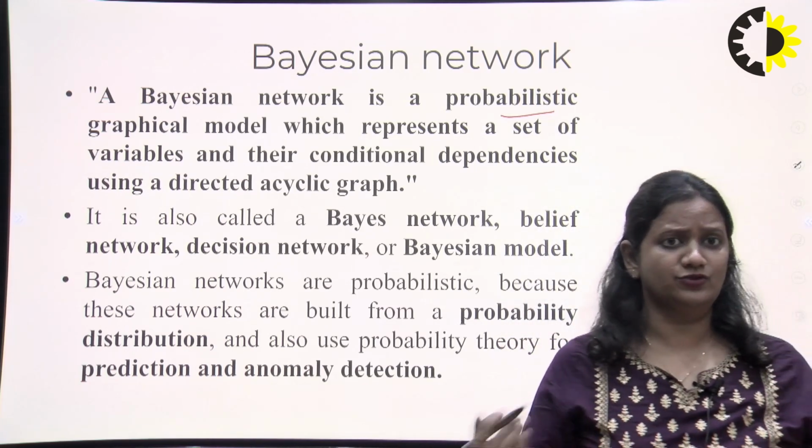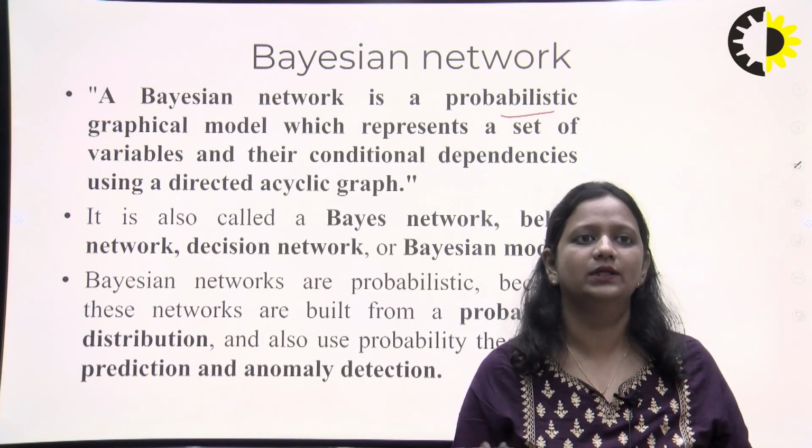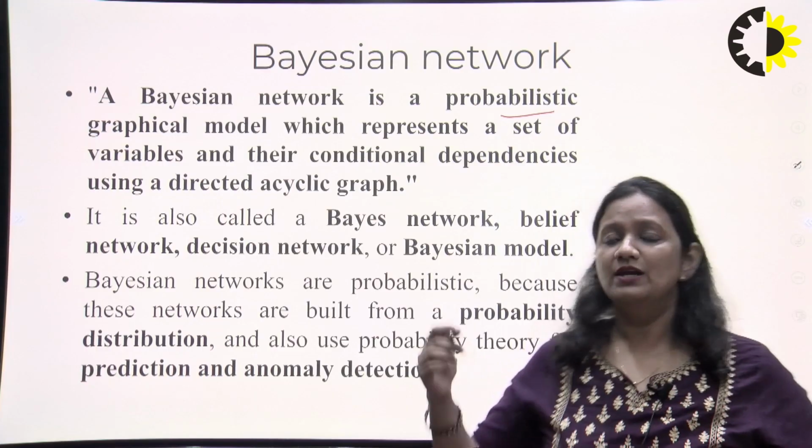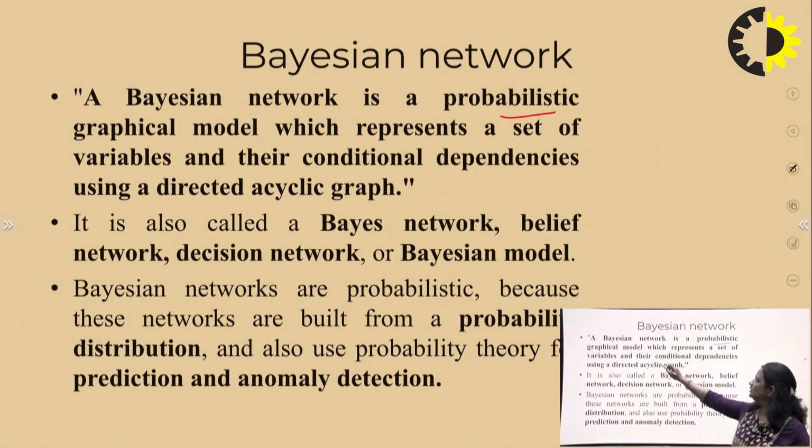It shows graphs, which represent some number of vertices and edges, which represent a set of variables and their conditional dependencies. Because Bayesian network is a probabilistic graphical model, a graph consists of a number of vertices and edges, or we can say variables and edges, we show their dependencies.